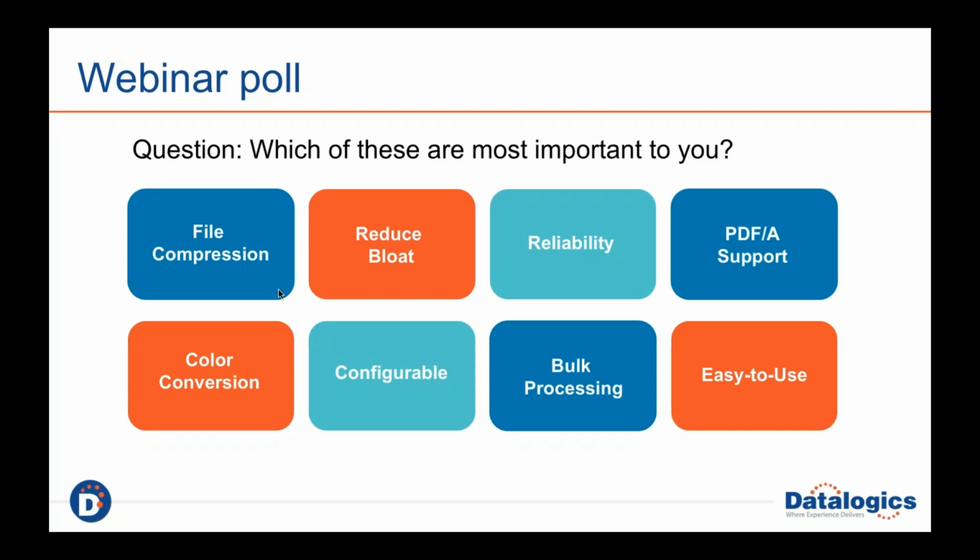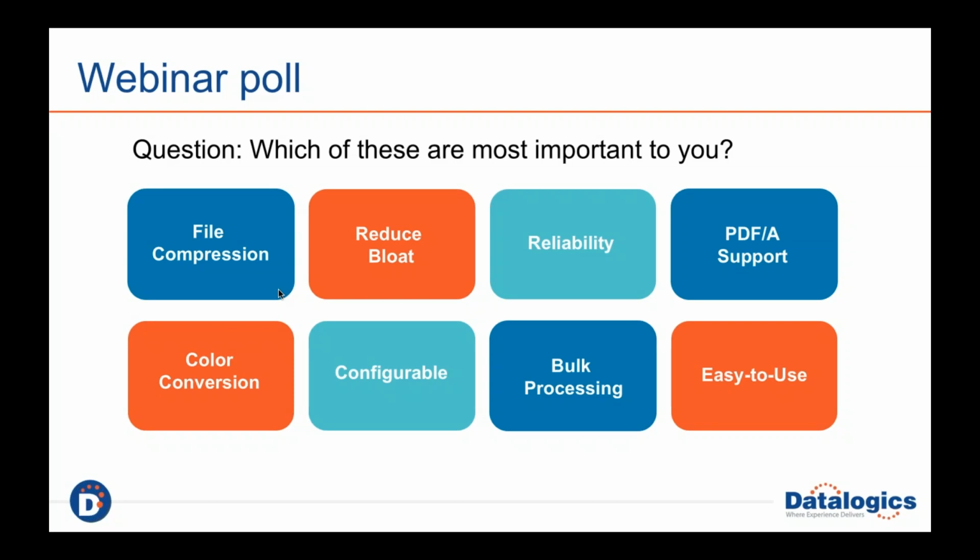Okay. Somebody actually asked how reducing bloat differs from file compression. Joe, if you could explain that again. Okay. So I'll briefly answer that. When we're talking about compression, in this case, what we're referring to really is, for example, you can apply different compression filters to images within a PDF.